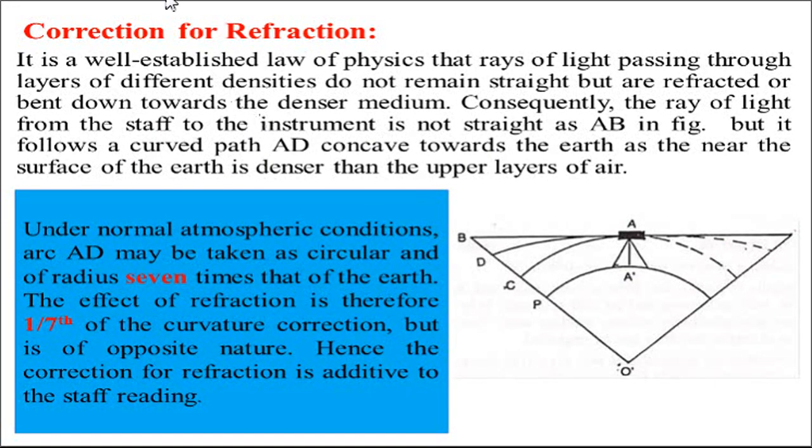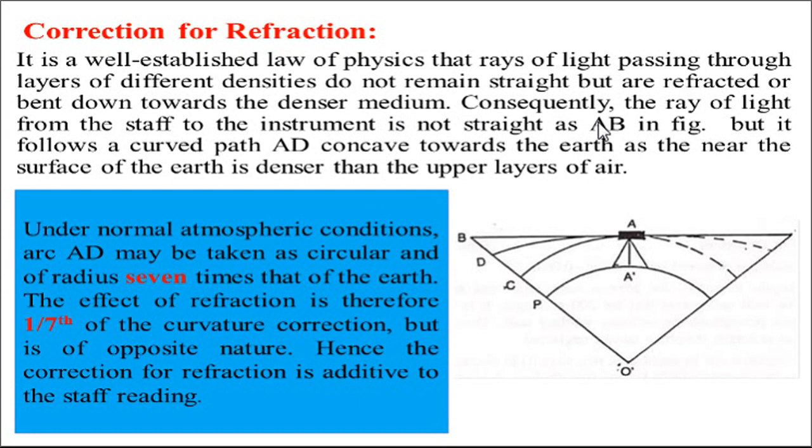Refraction correction. It is a well established law of physics that rays of light passing through layers of different densities do not remain straight but are refracted or bent down towards the denser medium.